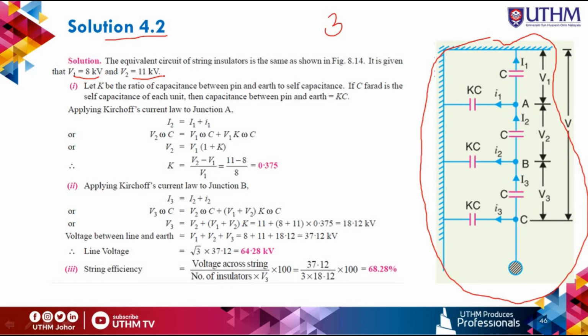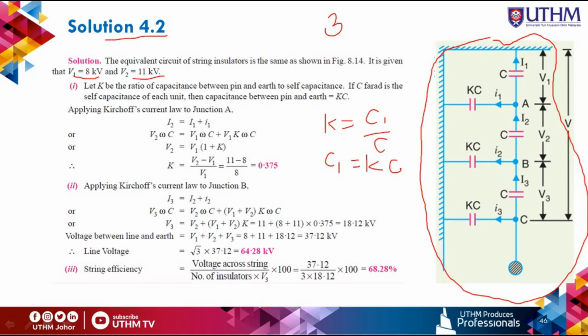First we have to find K. Let K be the ratio of capacitance between pin and earth to self-capacitance, so K is equivalent to C1 over C. If C farad is the self-capacitance of each unit, then the capacitance between pin and earth is equivalent to KC.